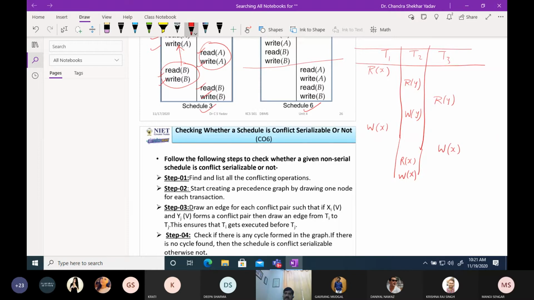Now let me know whether this is conflict serializable or not.